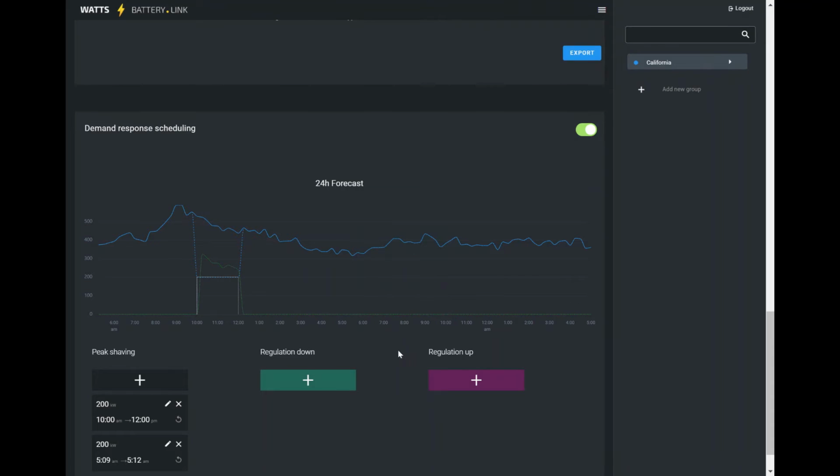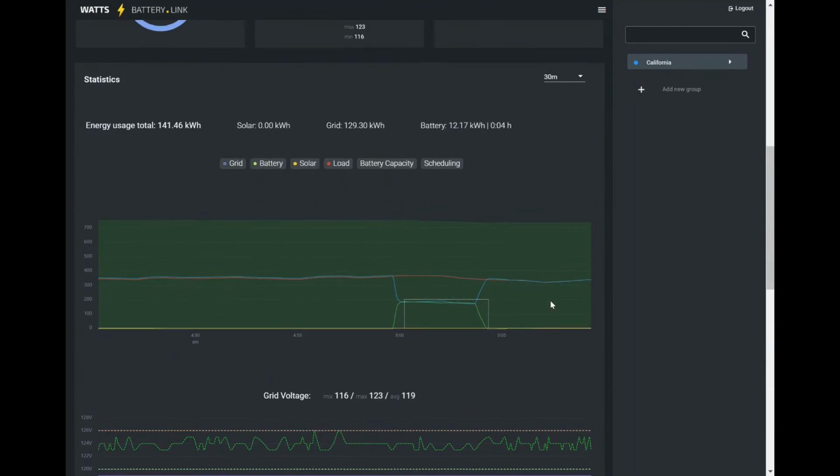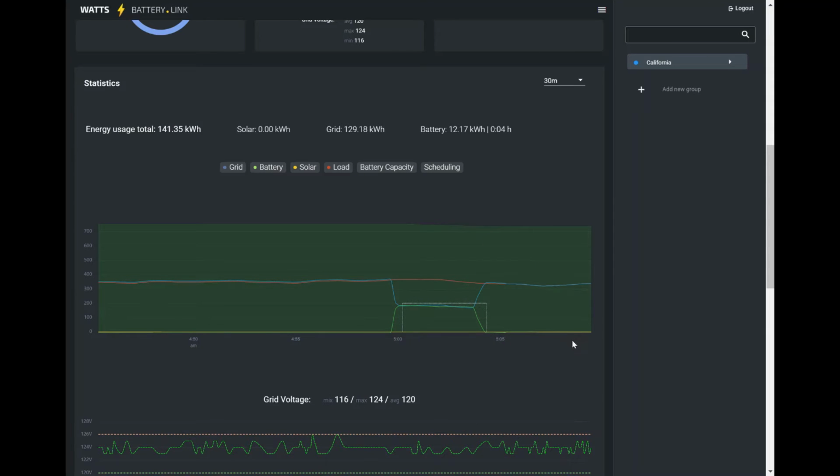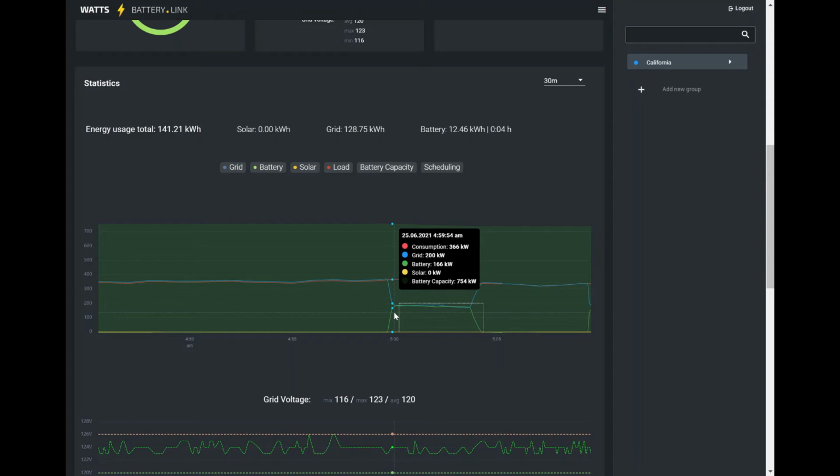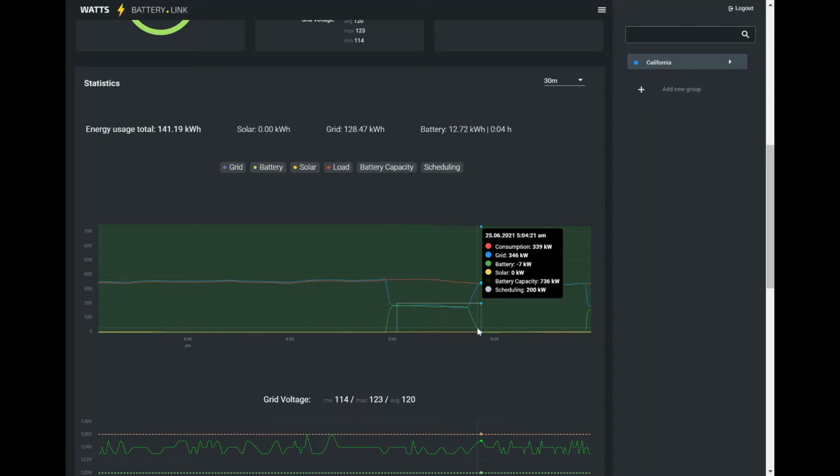So we click save, and now we go up to the real-time information, and what we expect to see is a similar behavior to this one here, where we see the grid power reducing, and at the same time the battery power increasing to supply that extra power that we're requiring.